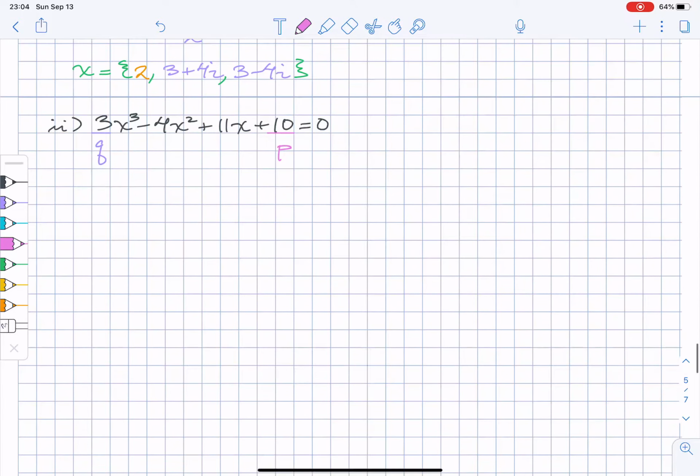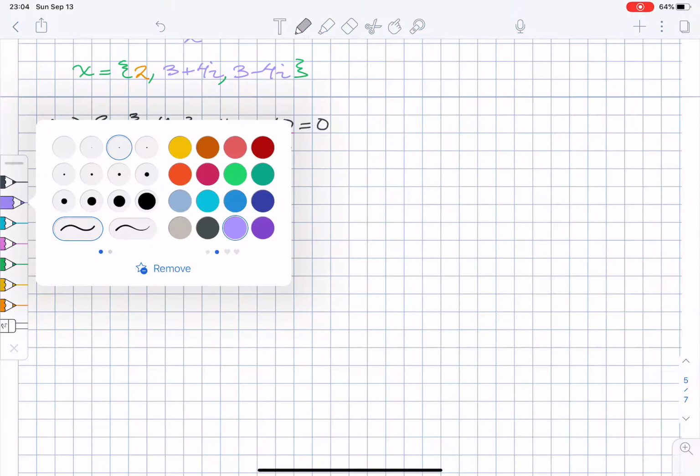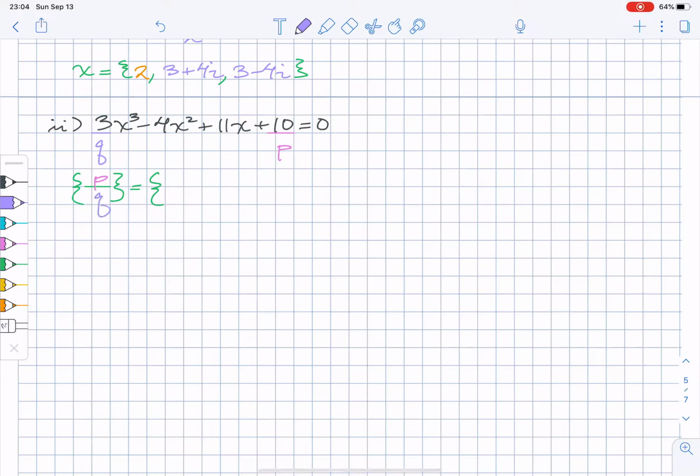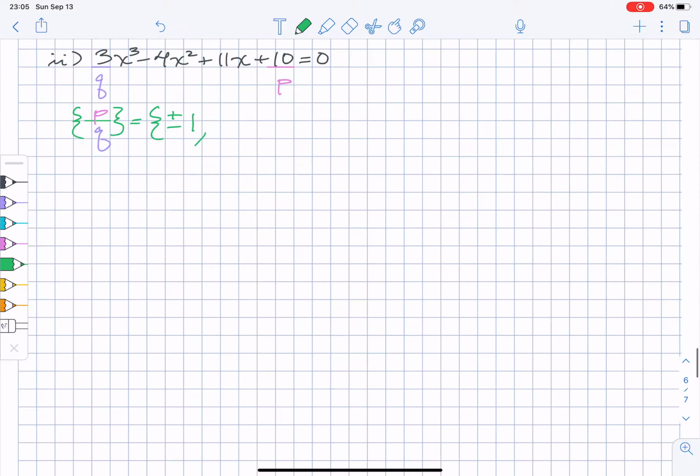So the set of all possible p's over q's will be, I always start with easy numbers. So let's try first one, 1 over 1, because 1 goes into 3. Okay, so 3 minus 4 is negative 1 plus 11. Oh my goodness, it works. 1 works, so let's start with that one. Gotta love it when 1 works, because 1 is nice.